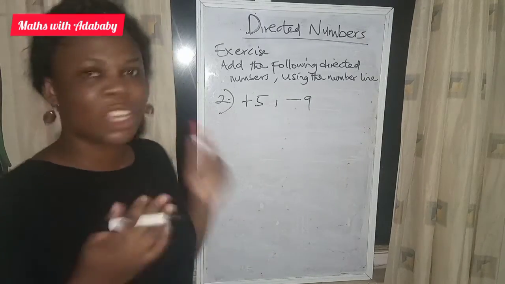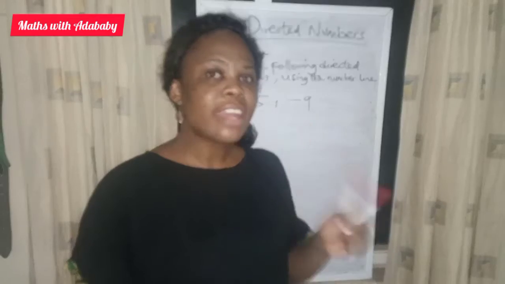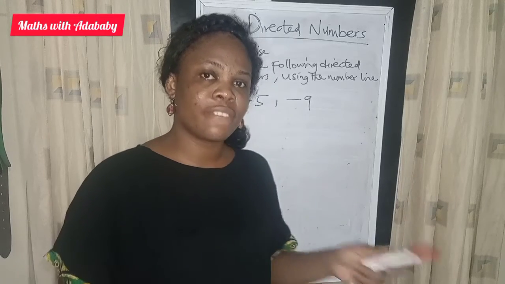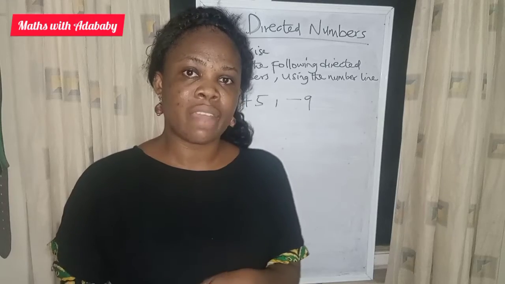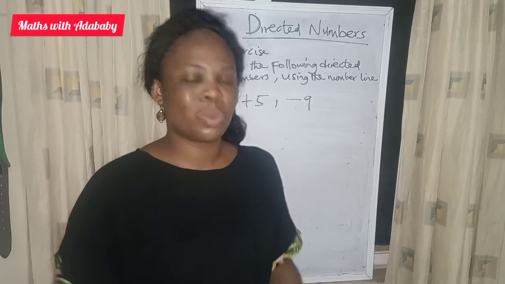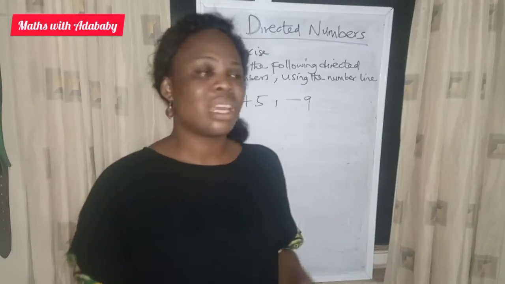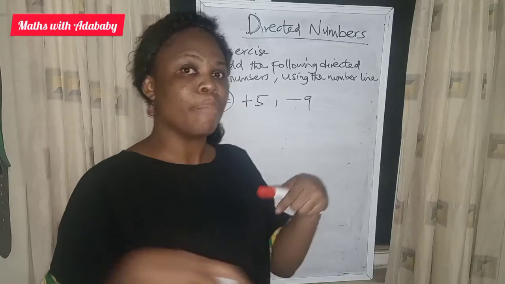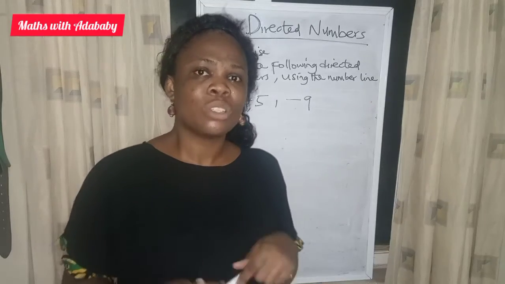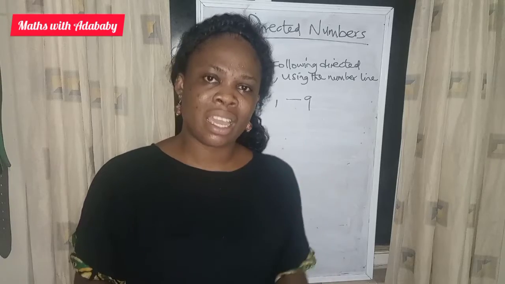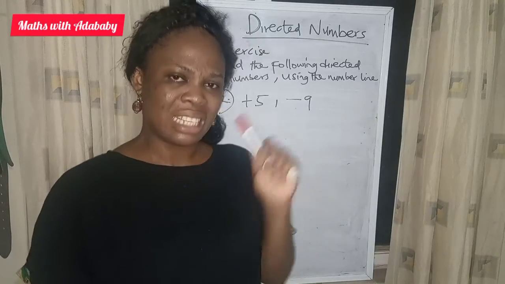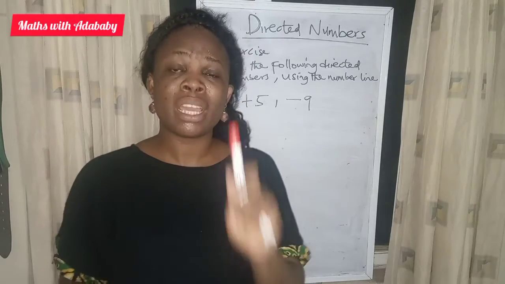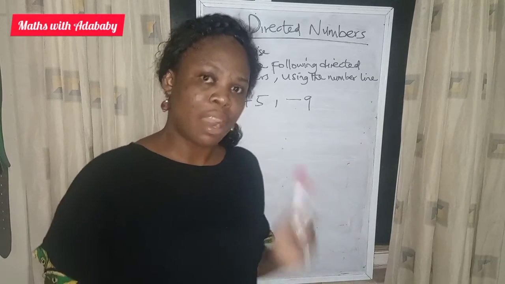Because I said that any number that falls in the positive direction is greater than the number in the negative direction, regardless of its size, whether it's 100, whether it's 200, whether it is a billion, so long as that number has the negative sign on it or is in the negative direction, that number is less than any number, be it 1, in the positive direction.